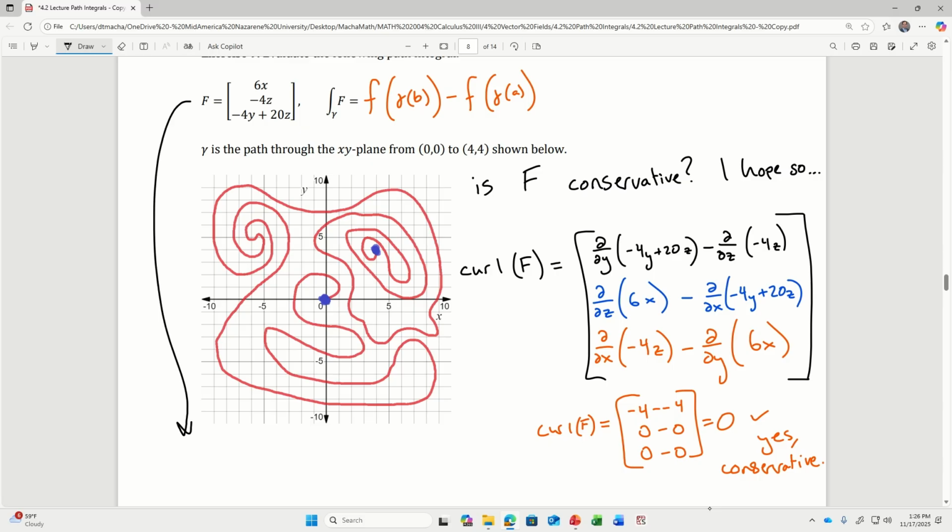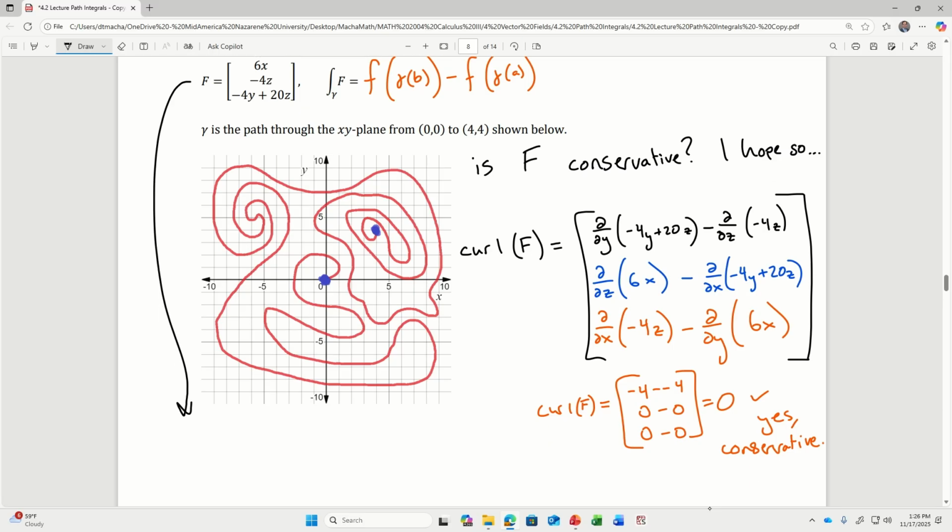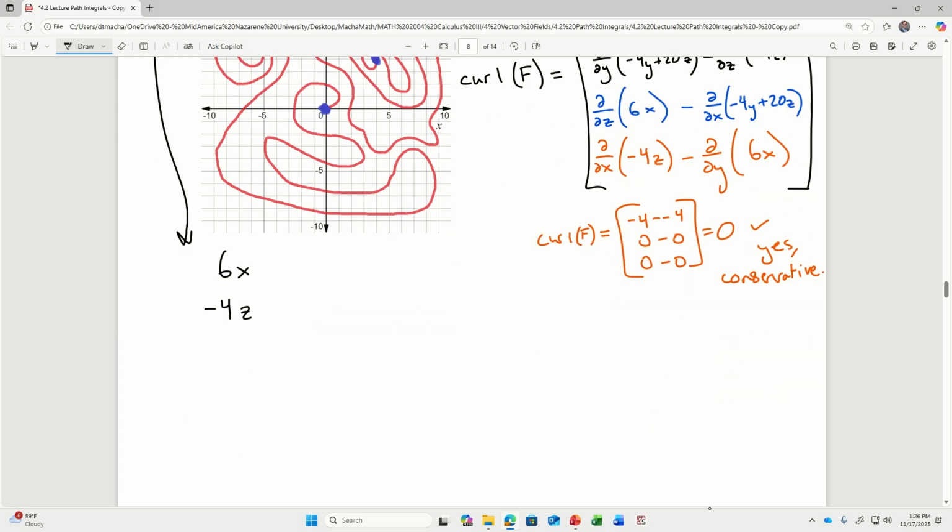And to find the potential field, I'm going to rewrite the vector field down here, 6x, negative 4z, and negative 4y plus 20z. And I'm going to take the antiderivative with respect to x, and the antiderivative with respect to y, and the antiderivative with respect to z. And I should be able to recreate my potential field.